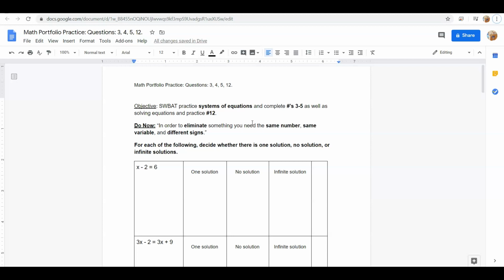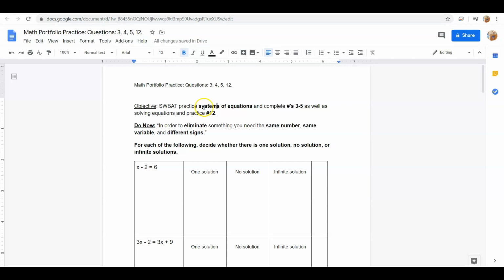But before that, I'd just like to go over what a system of equations actually is. This set of words, systems of equations, when you read this, you just break it down, and I'm going to break it down for you. So what is a system of equations?